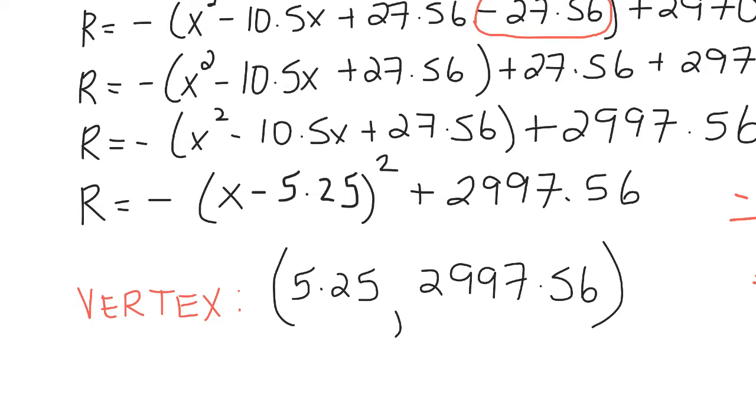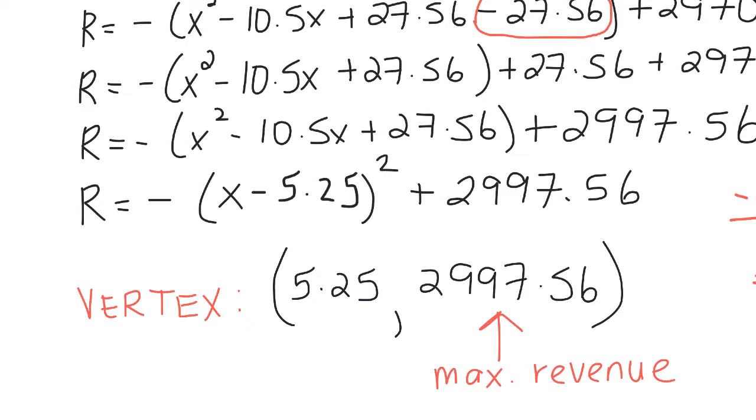2,997.56. So in terms of what this vertex actually represents, your k value is a y value for your coordinate point. And in this particular situation, it is also going to represent your maximum revenue. So the maximum amount of money that the hardware store could expect to make if they do go ahead and increase the price of their battery packs is $2,997.56.